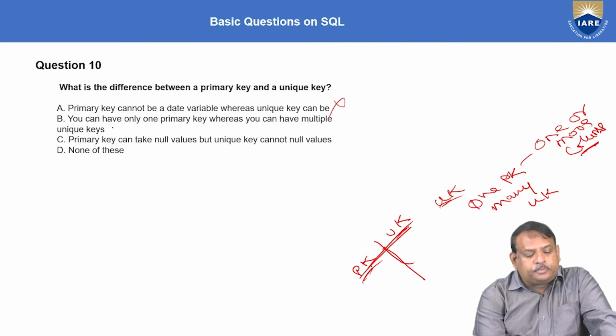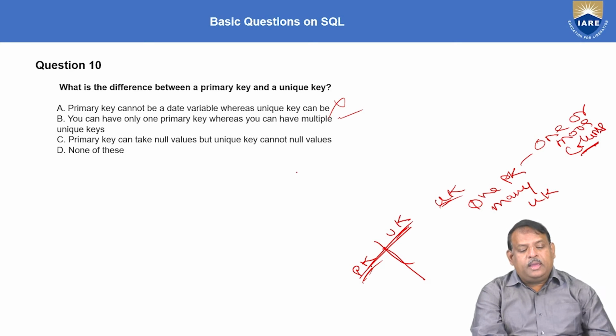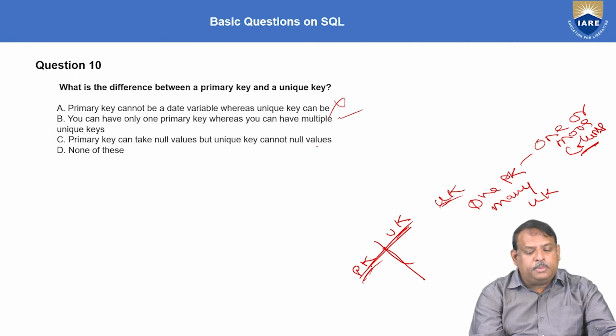You can have only one primary key, whereas you can have multiple unique keys. This is a possible answer. So option B is one of the likely answers.